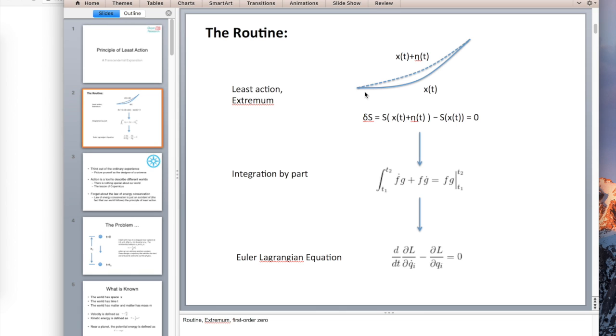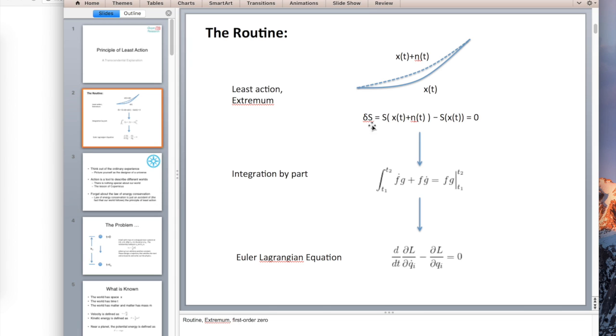And since the real trajectory follows the least of the action, if you perturb the real trajectory a little bit by a random function eta, defined at every time point t, the perturbation should be equal to 0, because since the real trajectory is at the minimum, its first derivative is 0 at every point.